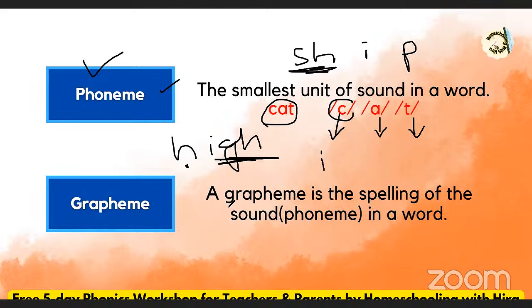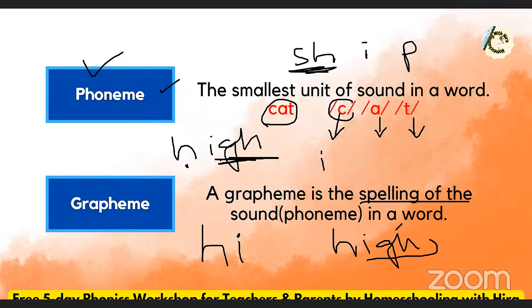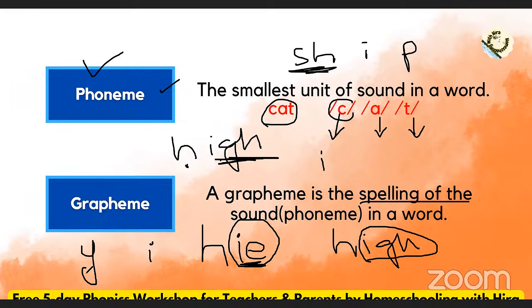Let's talk about grapheme. A grapheme is the spelling of that sound in the word. For example, if I say hi, will you write it like this or like this? We'll write it like this. So these 3 letters together are making the I sound. We can write I with 2 letters, we can write I with 3 letters, we can write I with only a single letter, and we can write I with Y as well.